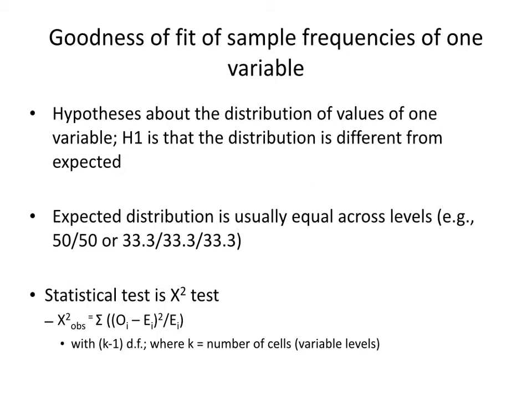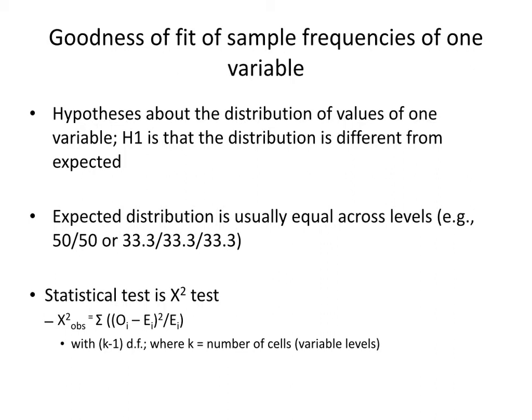If we had three categories, we would be looking to see if it differed from a 33.3, 33.3, 33.3 split. That expected distribution could also be something else. It might be, for example, the same distribution that we saw in the previous study or in a previous year. And we'll see some examples of that in the problems that we look at.